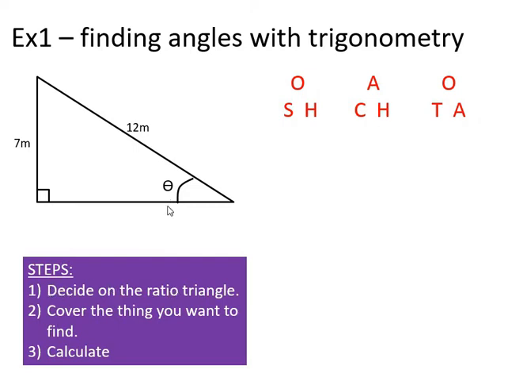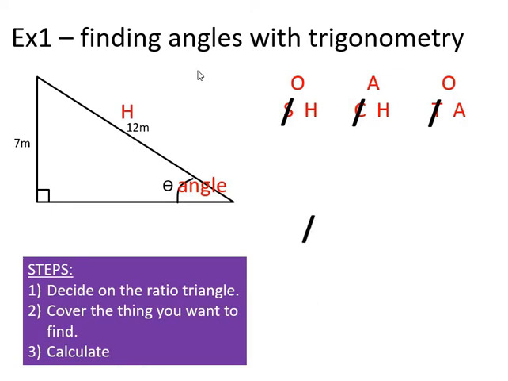So first I'm going to look at what I want to find in this question. I want to find the angle. So I'm going to tick off S, C and T, sine theta, cos theta, tan theta. Then I'm going to look at the things I've been given. So I've been given the hypotenuse, this longest side length opposite the right angle.